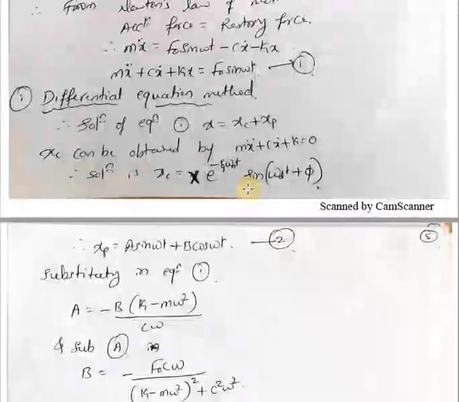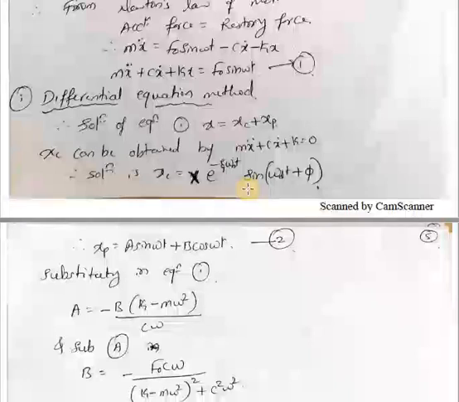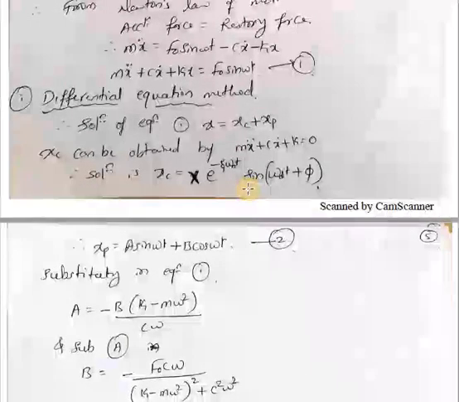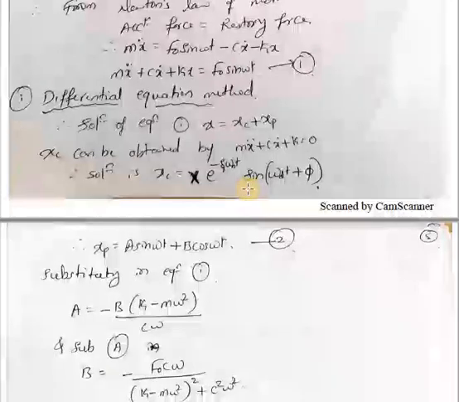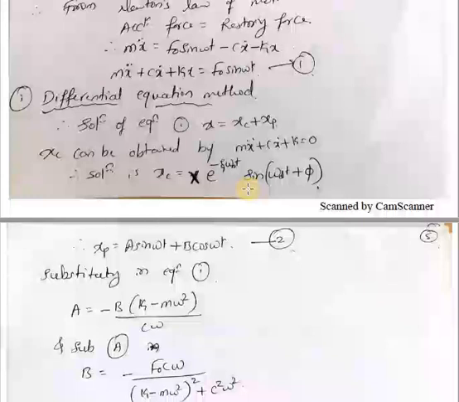Now to analyze this, there are two methods. One is the differential equation method, and another is the graphical method. First we'll go through the differential equation method. In the above equation, that is equation number 1, it is also a linear, non-homogeneous, second order differential equation.